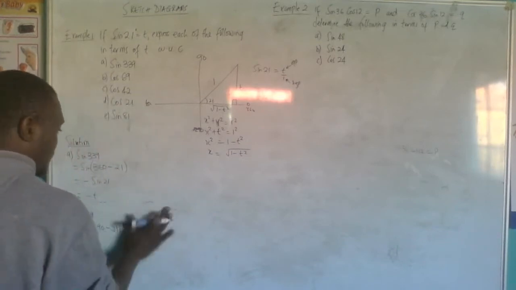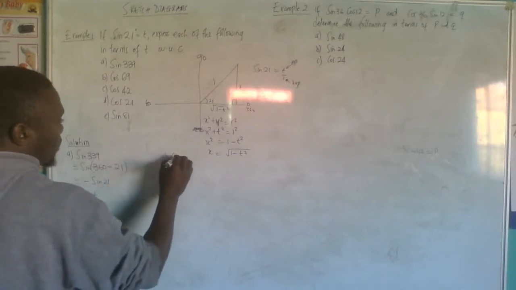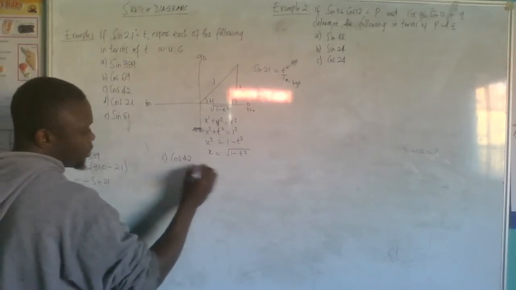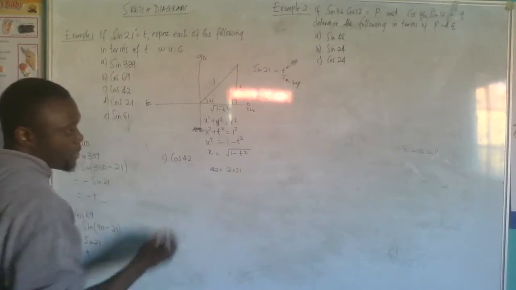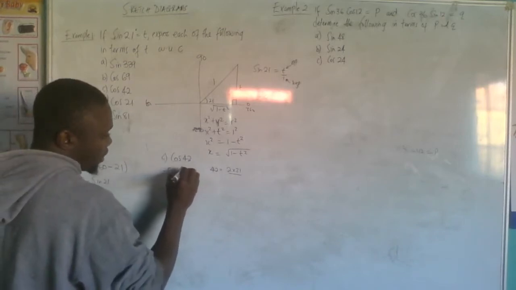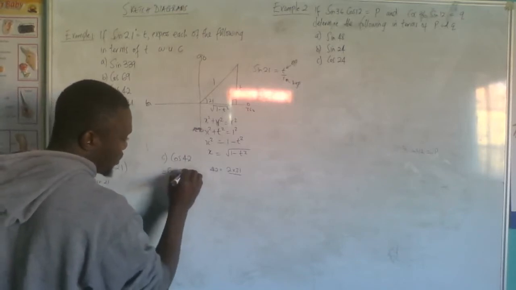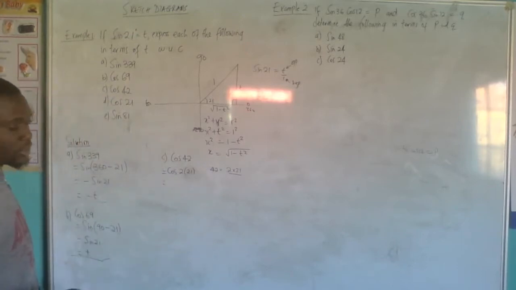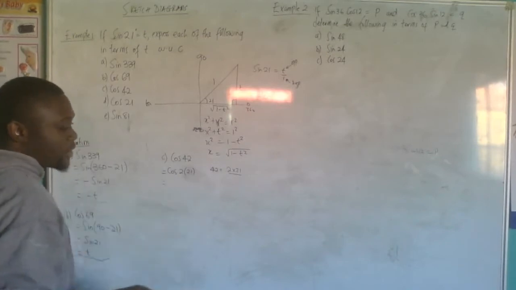And the next thing there, the next question is C, which is cos 42. Cos 42, 42 is equivalent to 2 times 21. So that one becomes a double angle. So I'll come there and say this becomes cos 2 times 21. So it's a double angle. I can either use cos, because a double angle for cos has 3 identities, so I can use any of the identities.